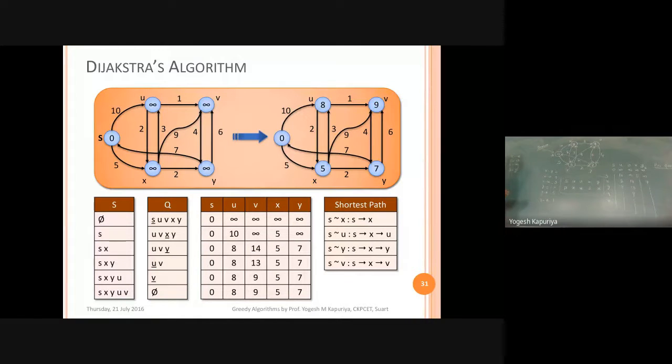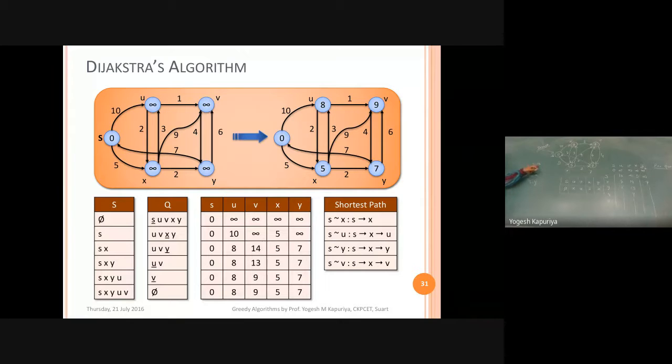So at the end, you have this with you, and that will help you to find out the shortest path. Because if you want to find out the shortest path, basically our interest is in the paths from S to U, S to B, S to X, and S to Y. In order to find the path, you will start from the destination.